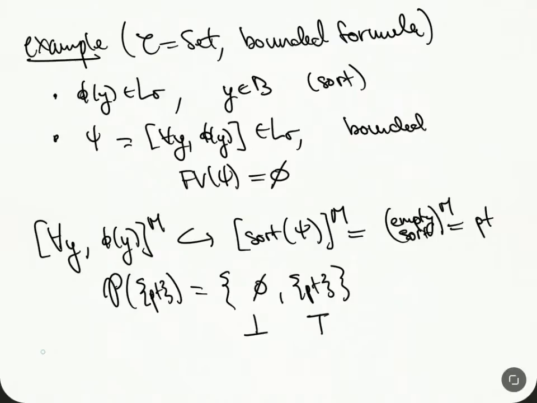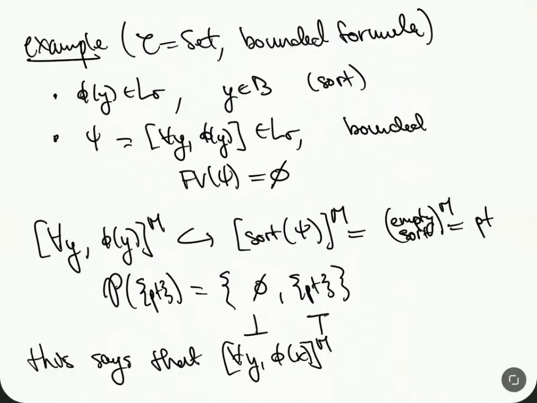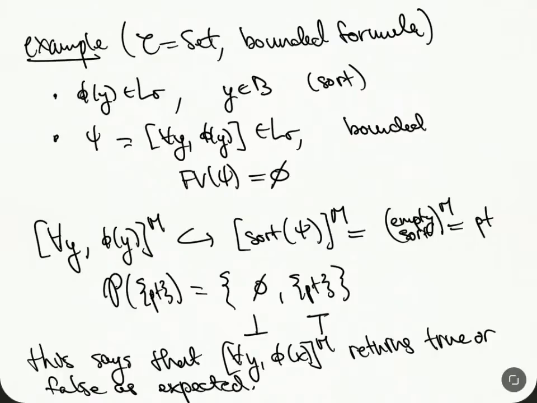So this says that there will be a truth value that returns true or false, as expected. Whew. Okay, this is nice because it has a terminal object here.